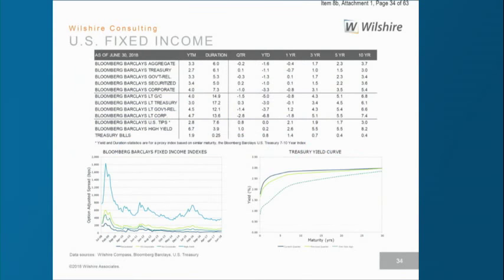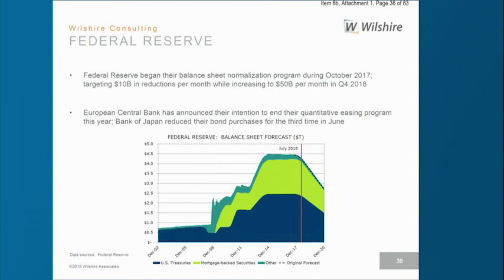Back to one of the other points that I referenced, central banks. You can see here, this is the graph of what the Fed balance sheet has looked like and the forecast for the runoff of the balance sheet. We've moved from an environment where the ECB was really hitting the gas and Japan was neutral to the ECB going to neutral and Japan starting to tighten a little bit.